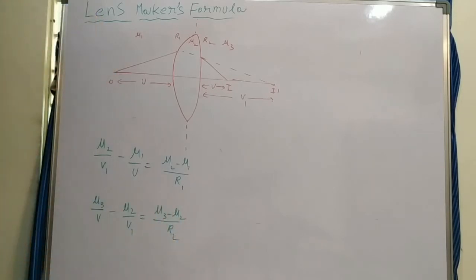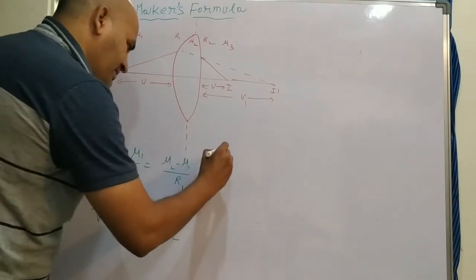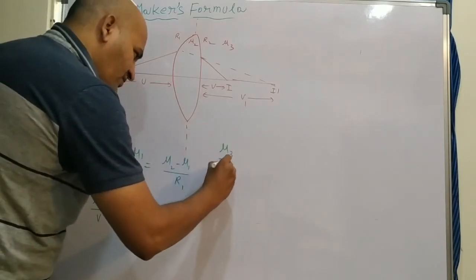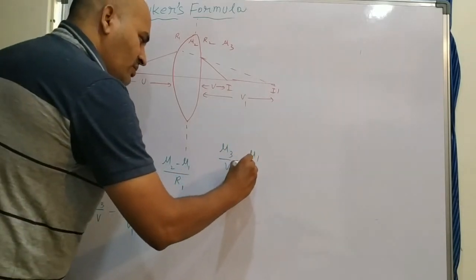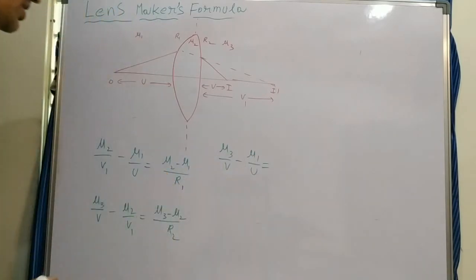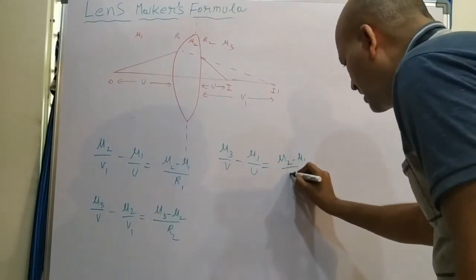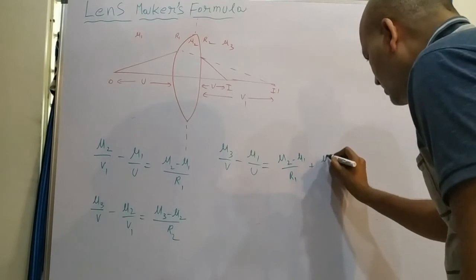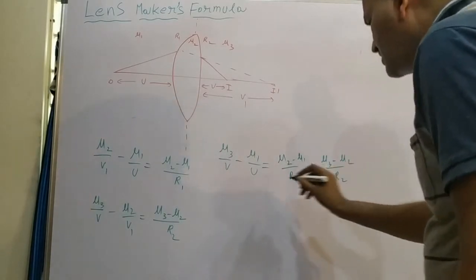Now add these. So what do we get here? If we add, mu3 by v minus mu1 by u is equal to mu2 minus mu1 by r1 plus mu3 minus mu2 by r2.